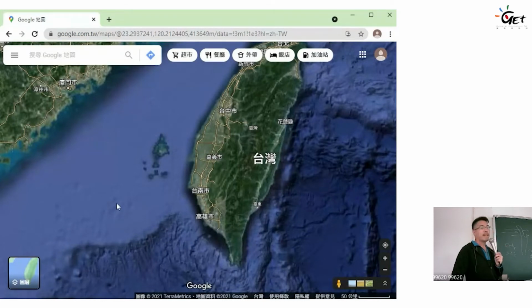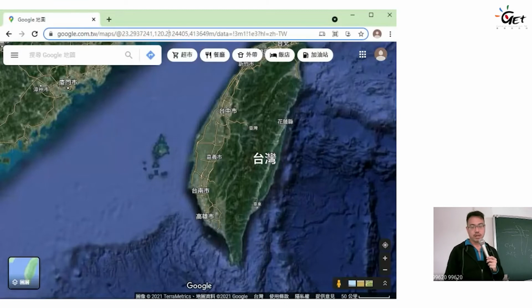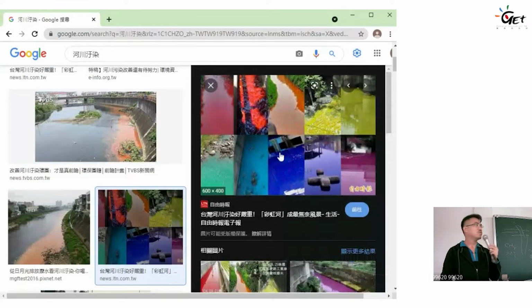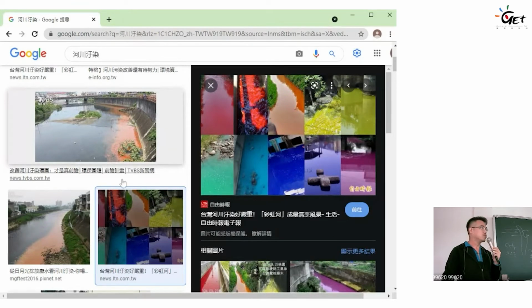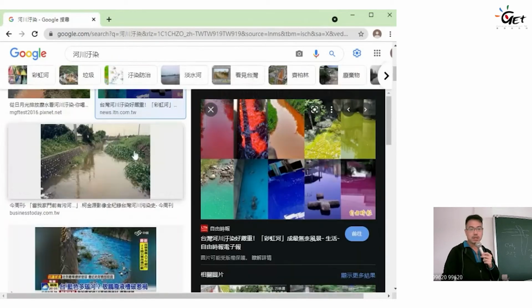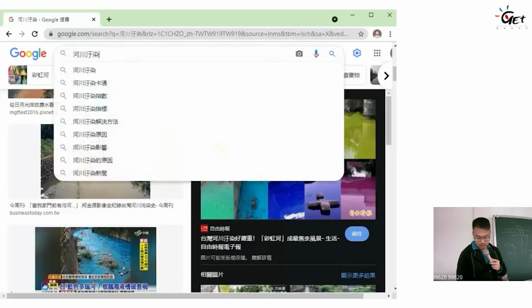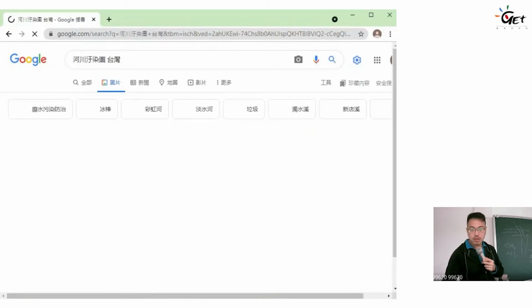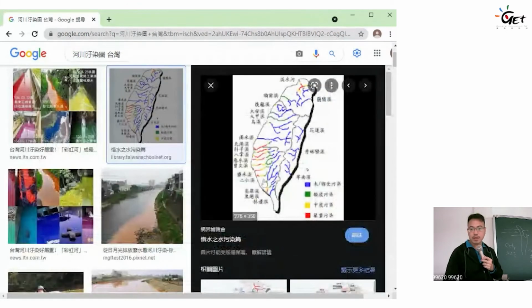Okay? So I will go search another picture for you. Here is the picture of water pollution of our rivers. Quite colorful, right? All the chemical things we release in the river go to the ocean. And if we add more keywords, find out here, this one.